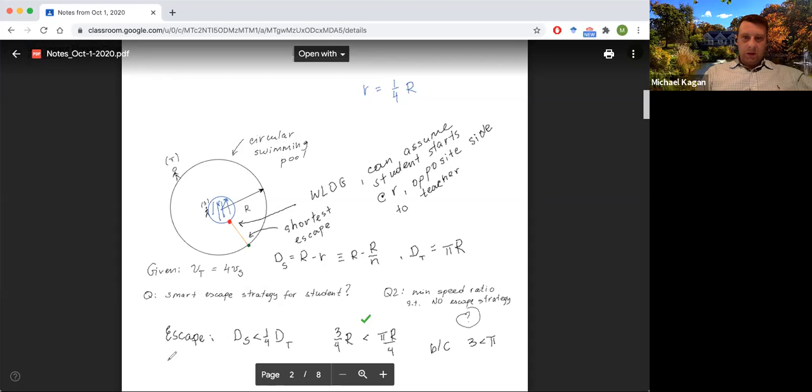So you got n minus 1 over n should be less than pi over n. That's right. Yeah. So for this to work, you want n to be less than pi plus 1.